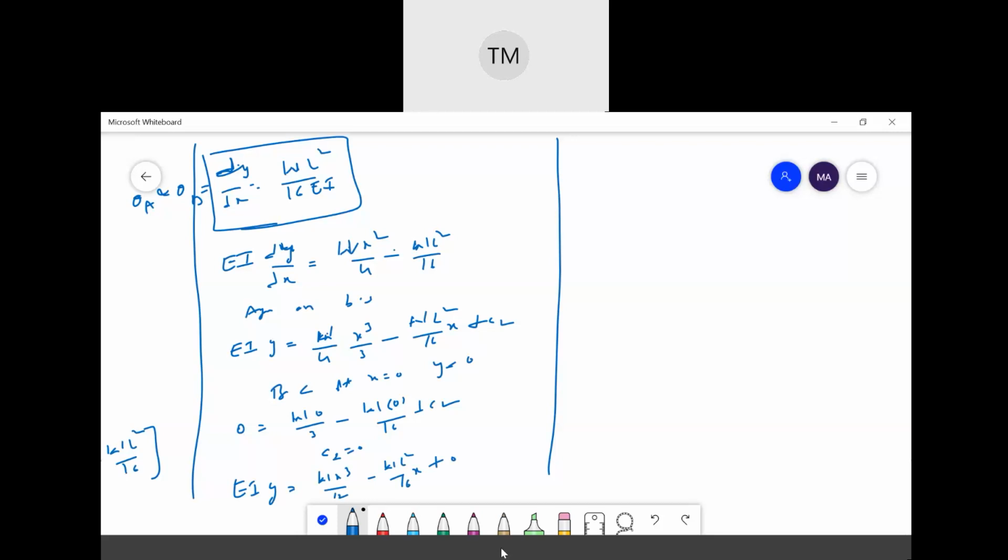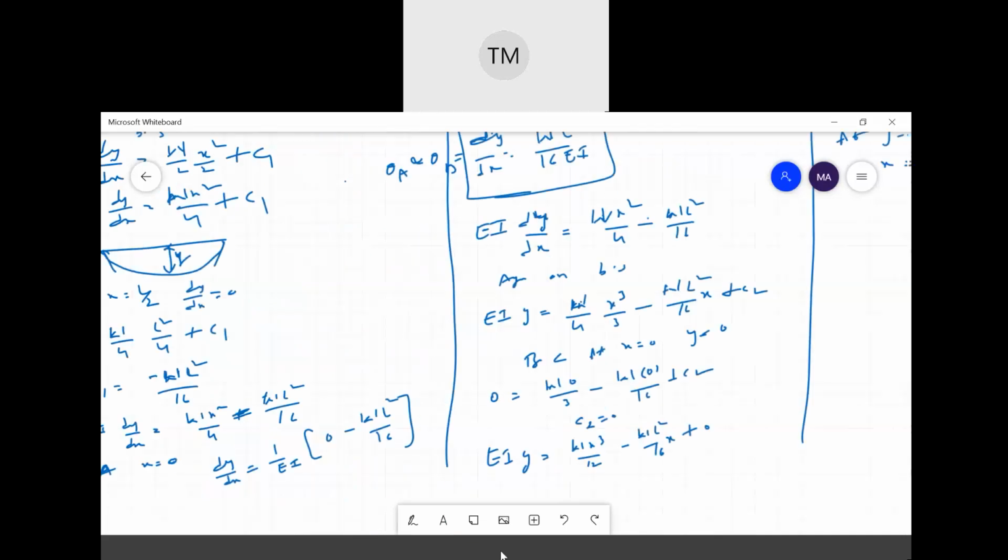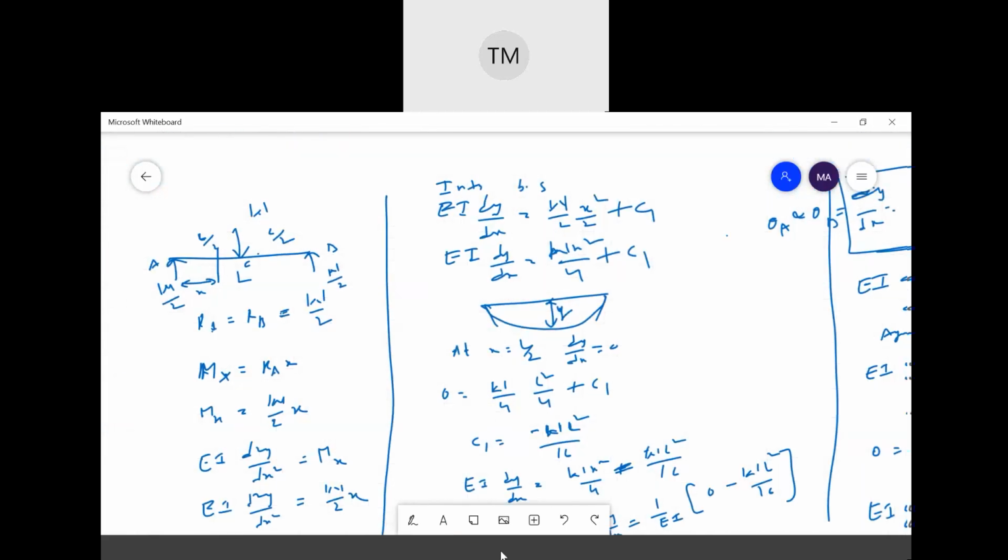The maximum deflection always occurs at point C, that is at the midpoint. At midpoint, what will be the value? Maximum deflection occurs at y is equal to yc, and x value is L by 2. In this diagram, at x is equal to L by 2, here you have a maximum deflection.